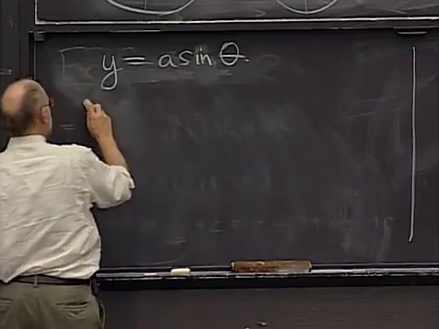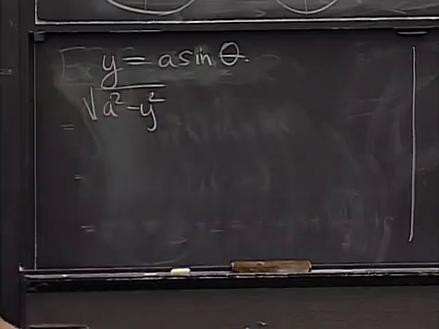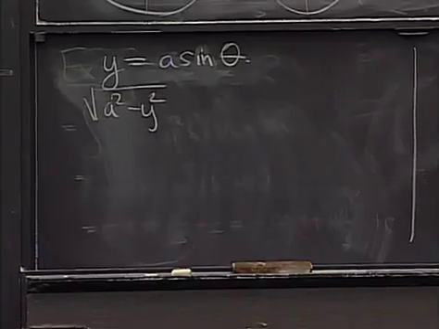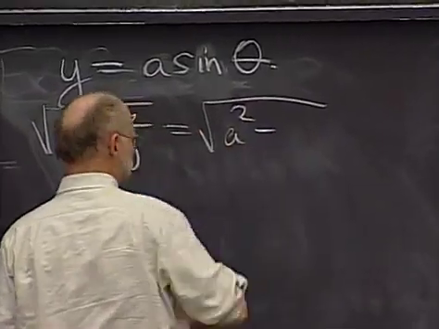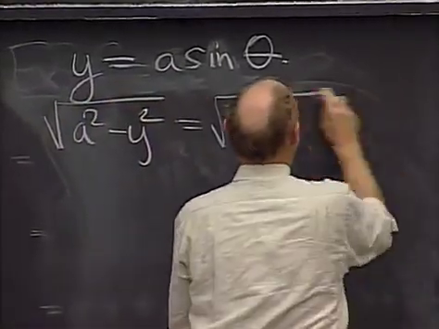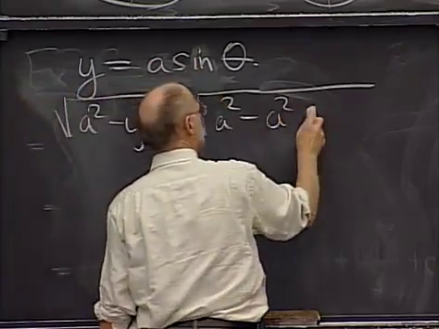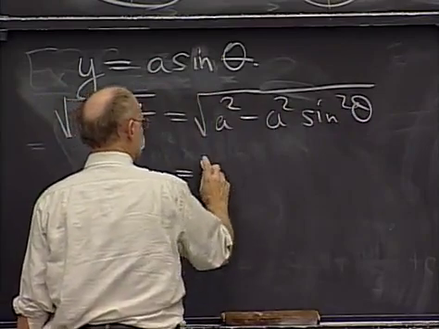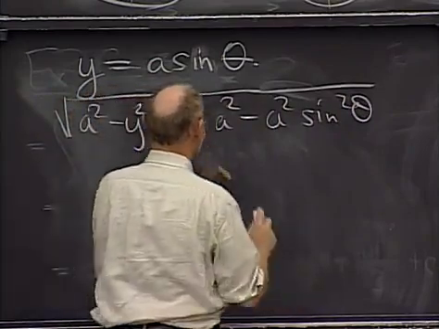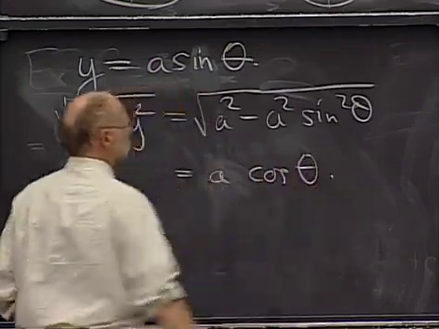If that's true, what we're interested in is integrating the square root of a squared minus y squared, which is the square root of a squared minus a squared sine squared theta. And that's equal to a times the cosine of theta, right?